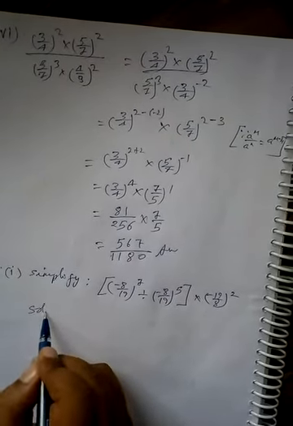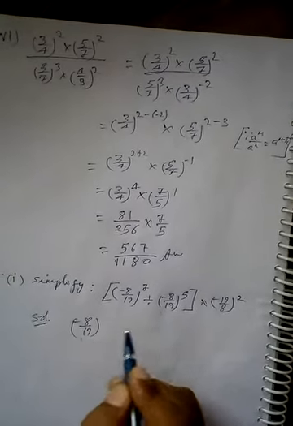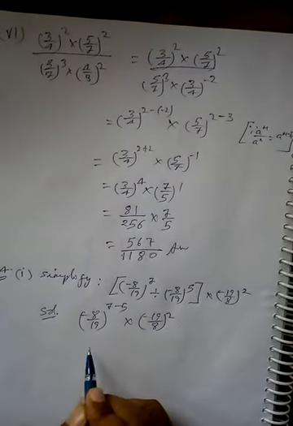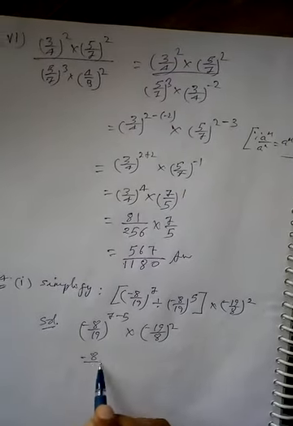What we do? Same base are divided, exponents will be subtracted. So now it gives you (minus 8 by 19) raised to the power 2.